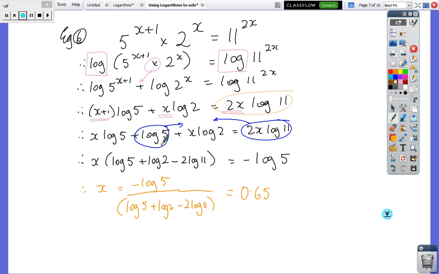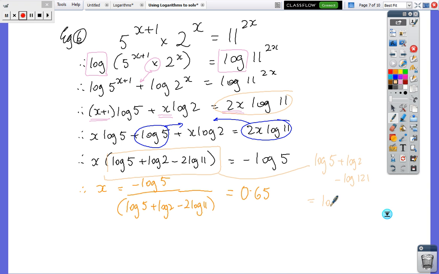And then, strictly speaking, I could make this a single number if I wanted to. I don't need to, but what I've done is I haven't done it in this step, and I've just divided minus log 5 divided by that. But if you were going to simplify that, just for interest sake, it'd be log 5 plus log 2 minus log of 11 squared is 121.